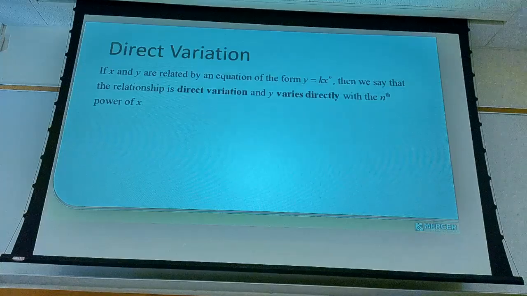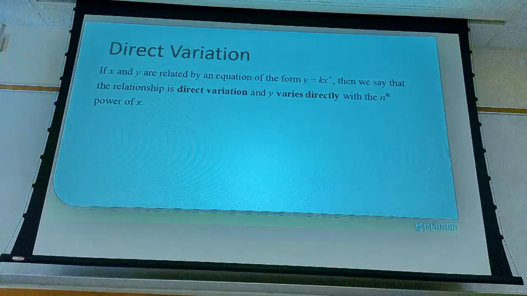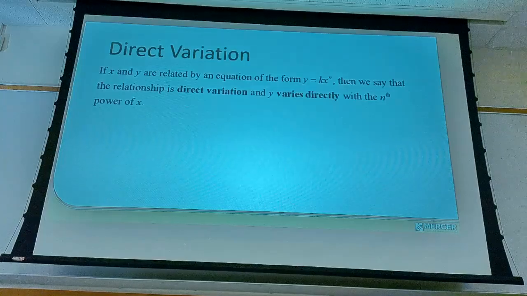X and y are related by an equation of the form y equals k x to the n. We say that the relationship is direct variation and that y varies directly with the nth power of x.